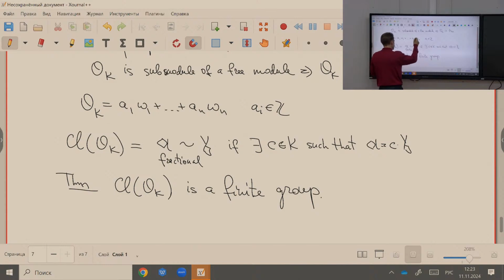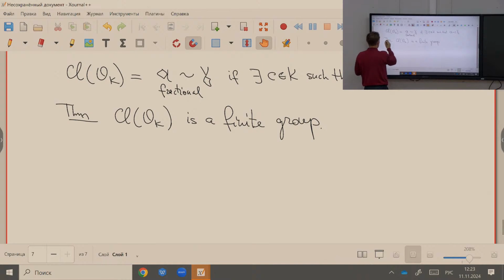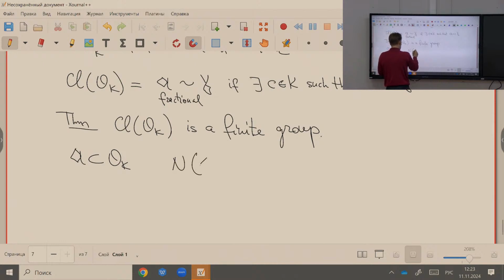So notice that for an ideal inside of K, we introduce the norm of the ideal as before, by checking the number of elements.